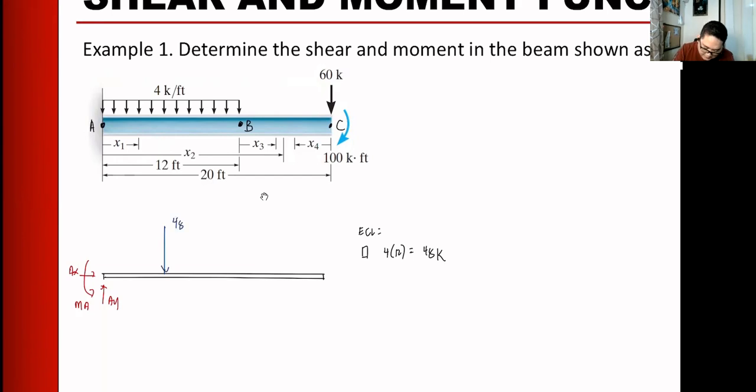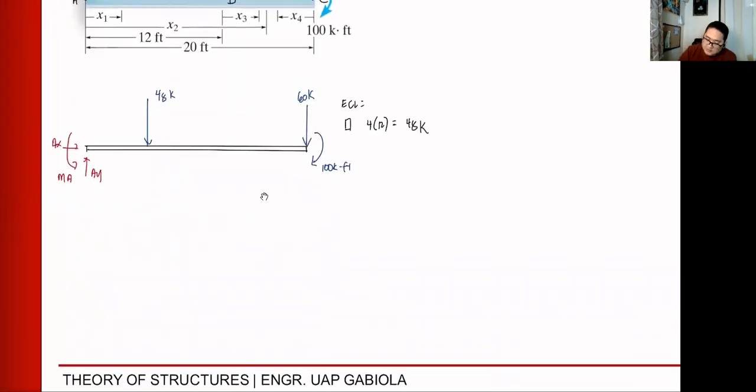So 48 kips. Okay? Yung ibang applied load natin is ito, 60. And then we have our moment na 100 kip foot, kip feet. Okay? Okay, so kunin muna natin yung support reaction natin. So sa summation of Fx is equals to 0, taking the positive.